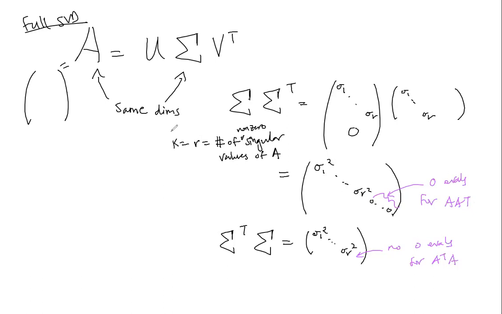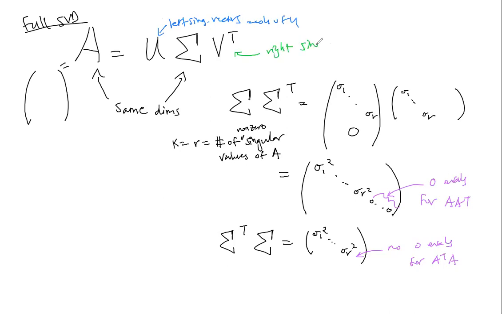So maybe we'll do an example. Because you basically solve the eigenvalues of A transpose A, you get all of these singular values, and then for each non-zero singular value, you're going to get a left and right singular vector. These are called left singular vectors, the columns in here, and these are called right singular vectors.